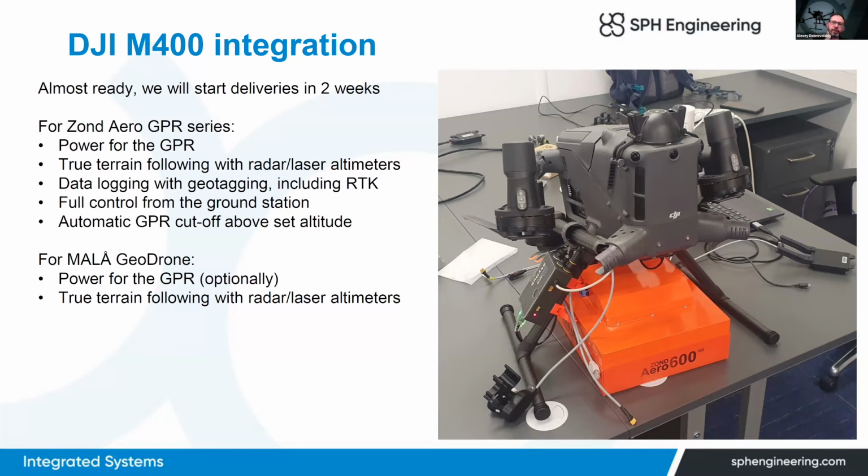For MALÅ GeoDrone, as it is a self-contained sensor, we can provide optionally power to save the weight and not to care about one more additional battery set in the field, and we provide true terrain following capability.